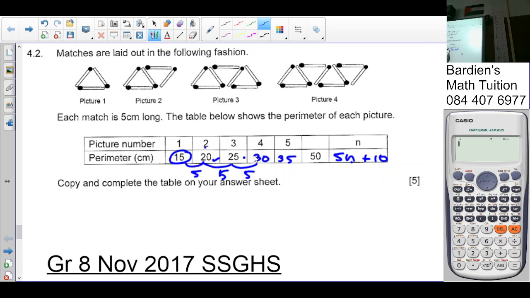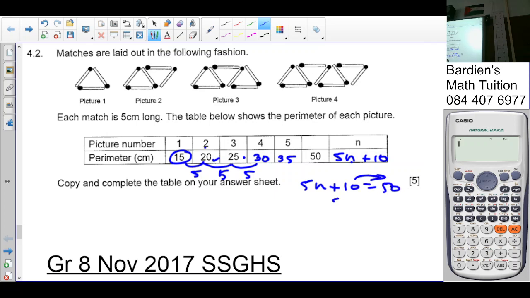Then they want to know for 50 terms. So 5 times 50, which is 250, plus 5 is 255. Sorry, my mistake. Other way around. They're ending off with 50. So 5n plus 10 is 50.